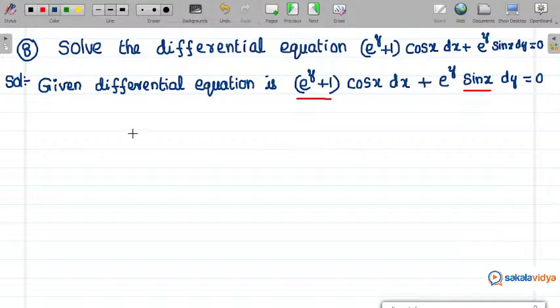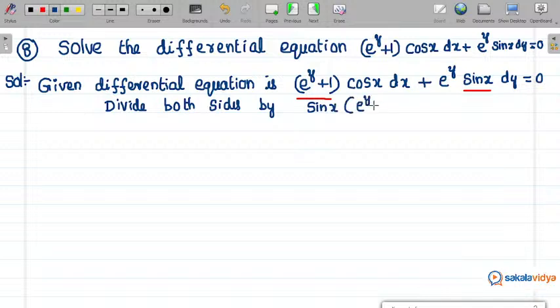So, now divide both sides by sin x (e^y + 1).